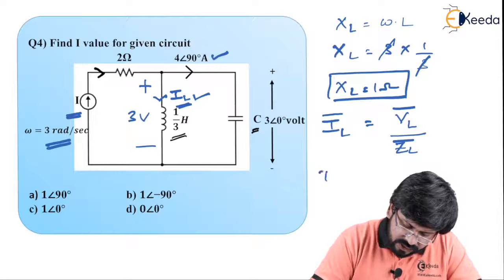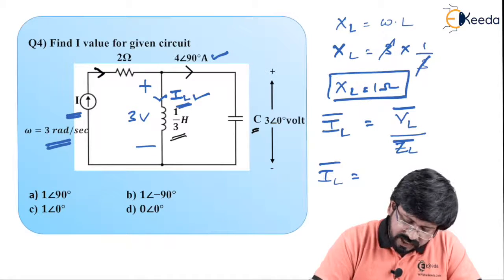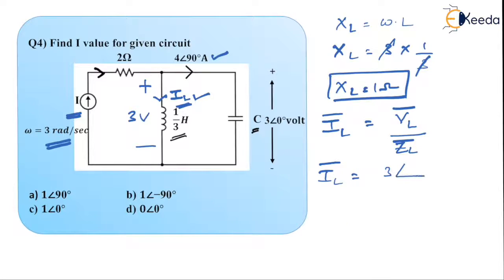So current through L is equal to voltage across inductor, as we can write as a vector value 3 at an angle of 0 degree, divided by ZL vector, which is nothing but XL at an angle of 90 degree. I'm sure you know this. XL is 1 at an angle of 90 degree.